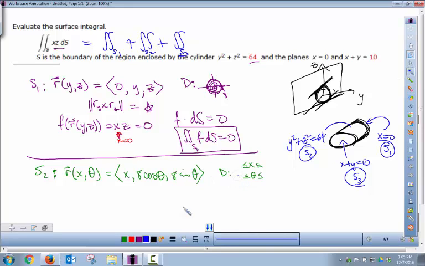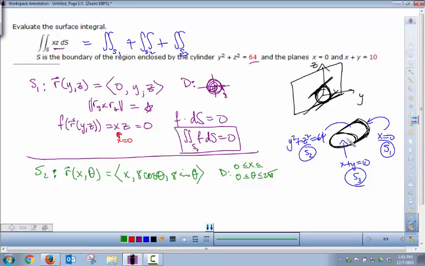My theta is going to go all the way around from 0 to 2 pi. That's what makes the cylindrical shape. My x is going to start at 0, but if I stop at a constant, then I'm looking at a regular flat top cylinder. But my stopping point is at an angle over here.